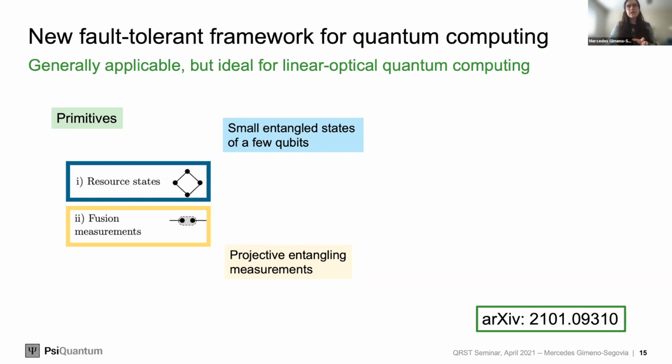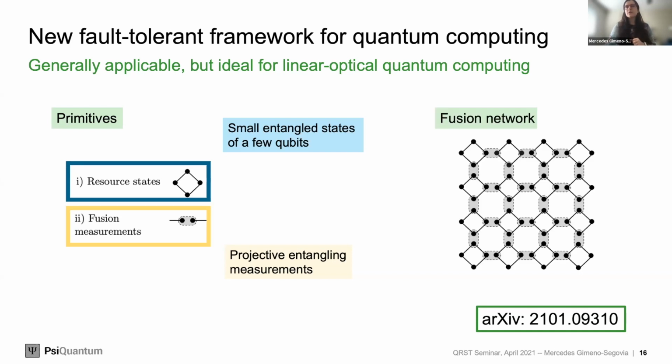So we have resource states and fusion measurements, and then we have a fusion network, which basically describes a particular structure in which resource states are fused together according to certain rules. This does not necessarily mean that this is spatial or temporal, it is more abstract, but then it's easier to translate into a space-time paradigm.